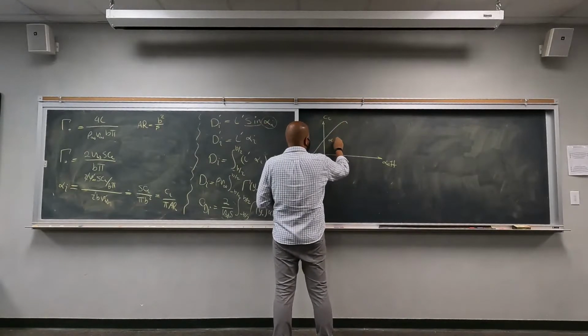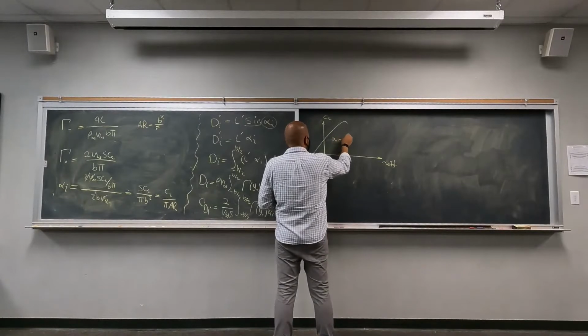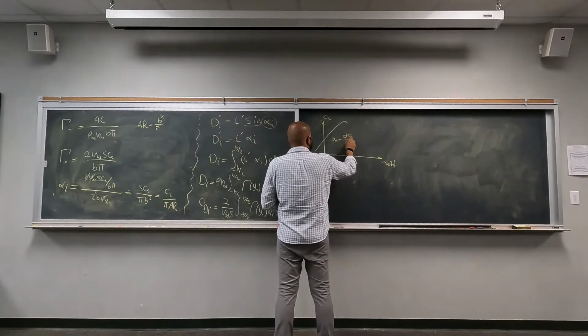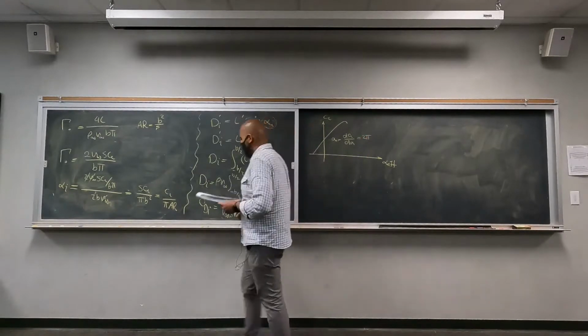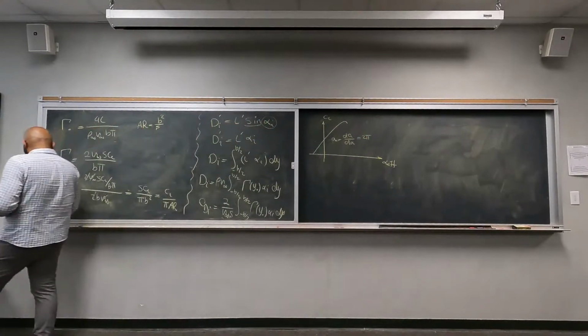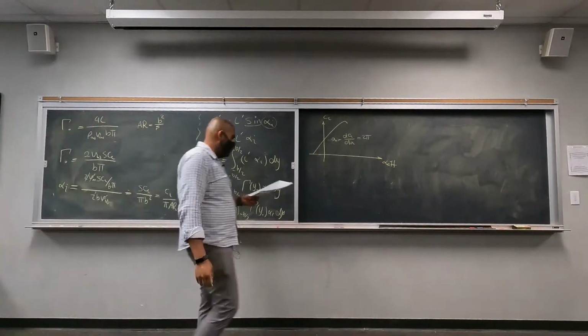The alpha naught, or the a naught, that's the lift slope, dCL d alpha, is going to be equal to 2 pi. This is a calculation we have done in the chapter 4 parts of the class. Okay?